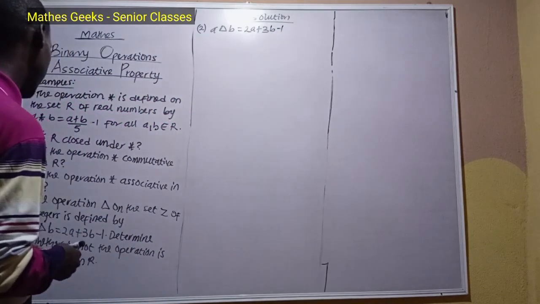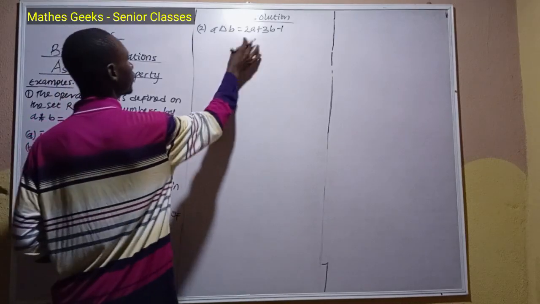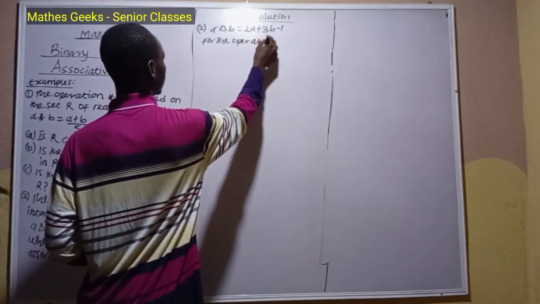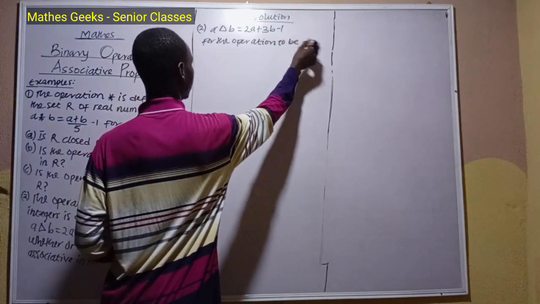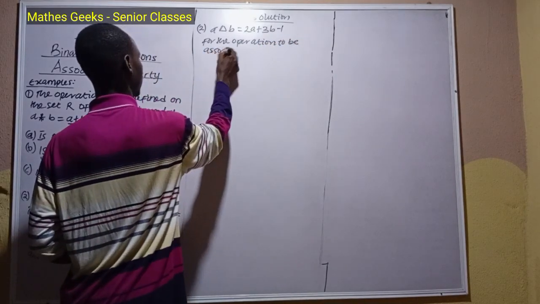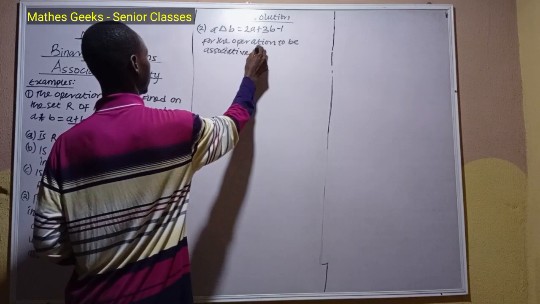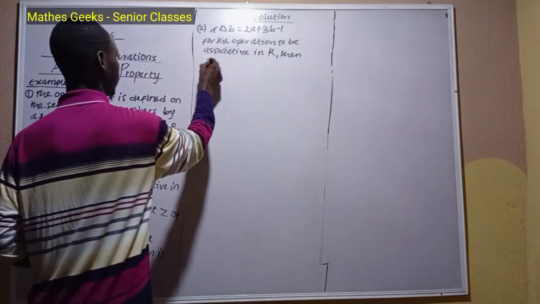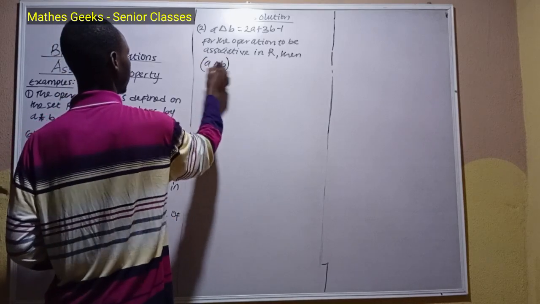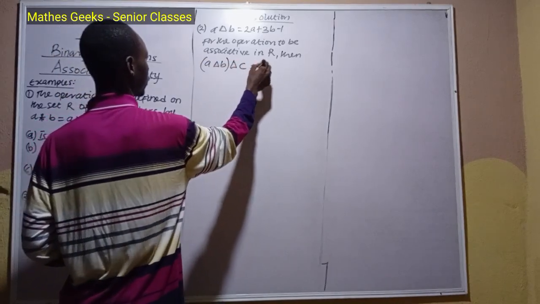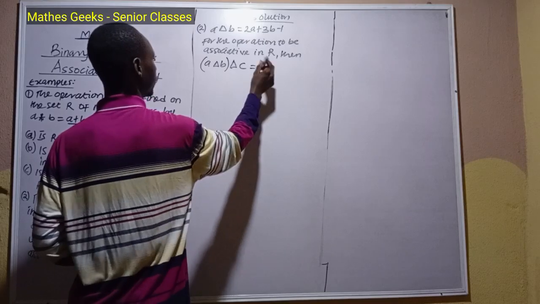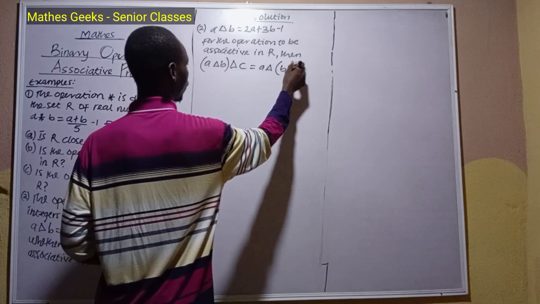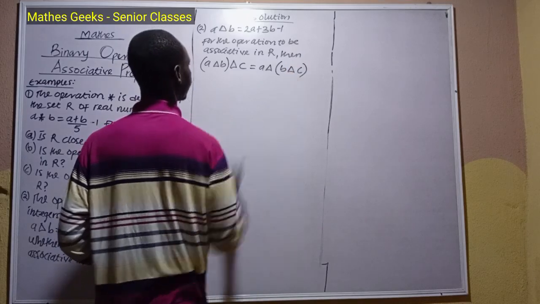Determine whether or not the operation is associative in R. For the operation to be associative in R, then (A triangle B) triangle C must be equal to A triangle (B triangle C).